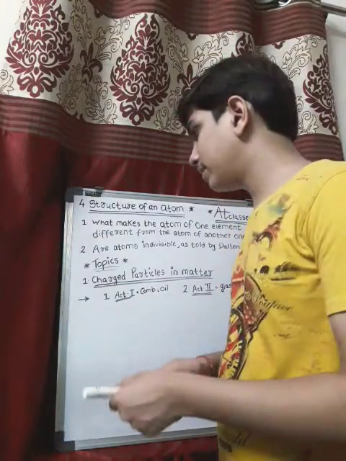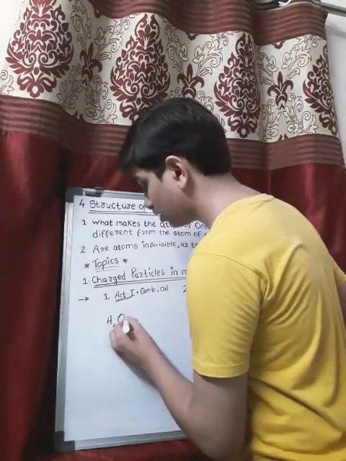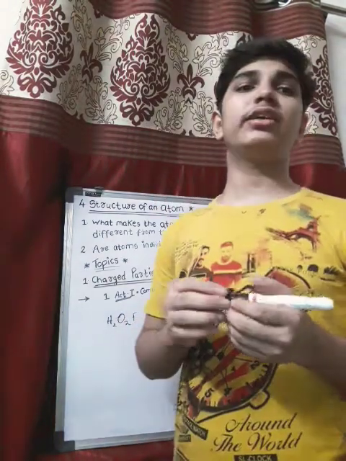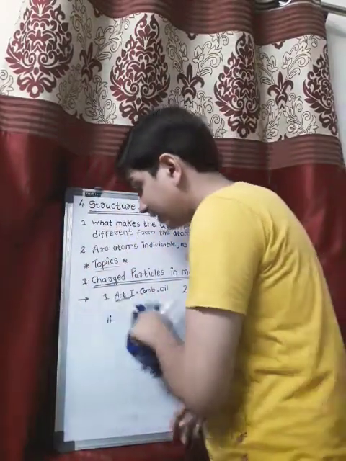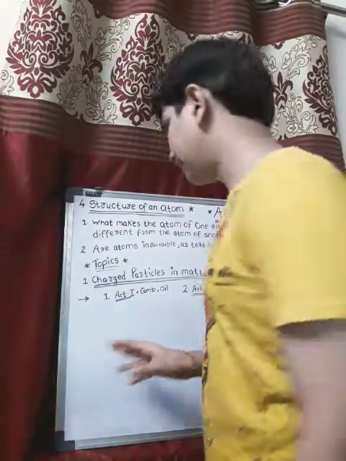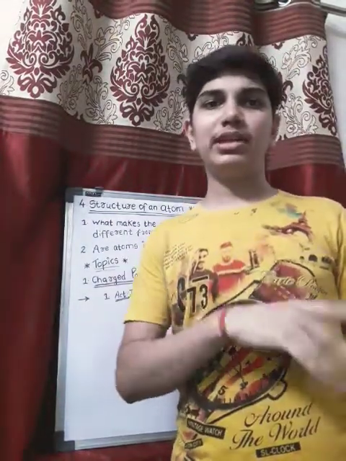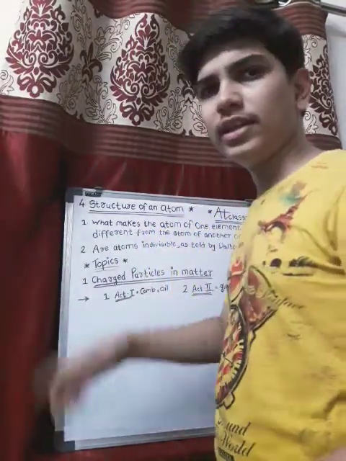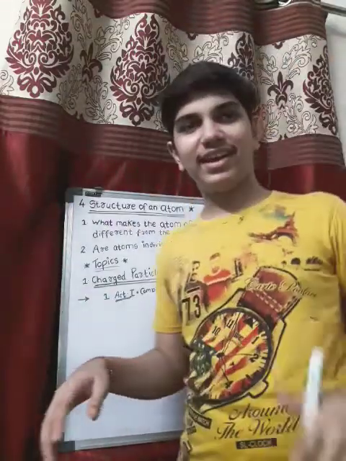We have studied so many atoms: hydrogen, oxygen, fluorine, calcium, etc. There are 118 elements, and we have studied only about 20 of them: hydrogen, helium, lithium, beryllium, boron, carbon, nitrogen, oxygen, fluorine, neon, magnesium, and so on.